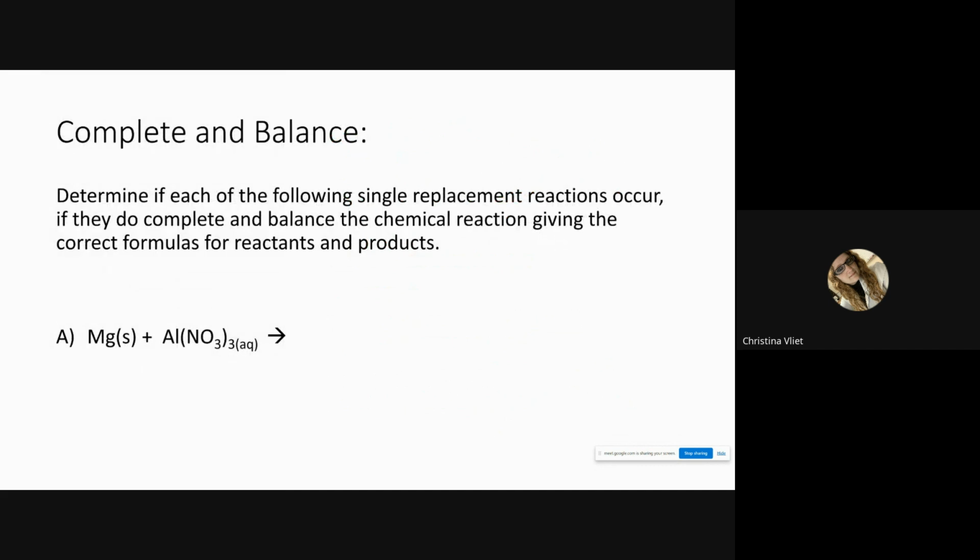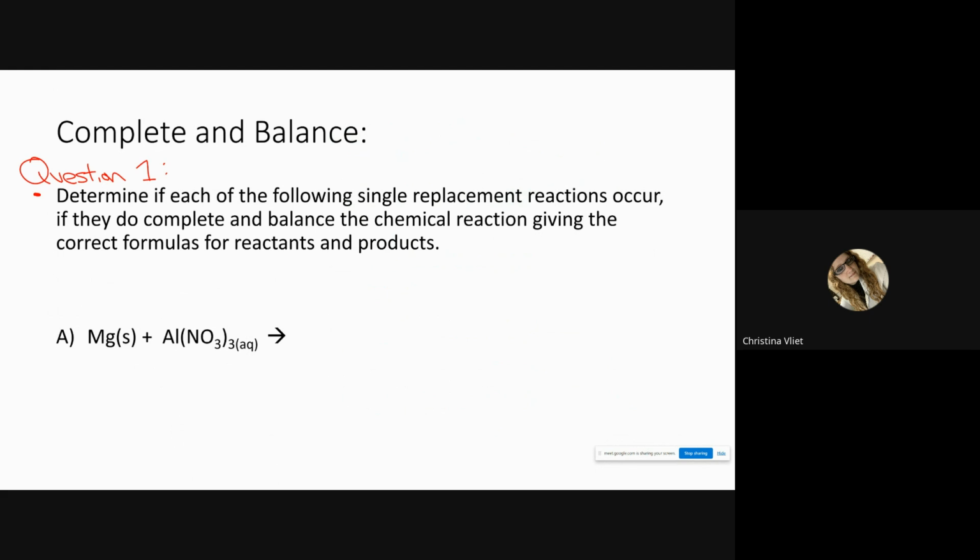So complete and balance. The type of question you're going to see. It says determine. So this is the question, example 1. Determine if each of the following single replacement reactions are going to even happen. If it does, complete and balance the chemical reaction, giving the correct formulas for your reactants and your products.